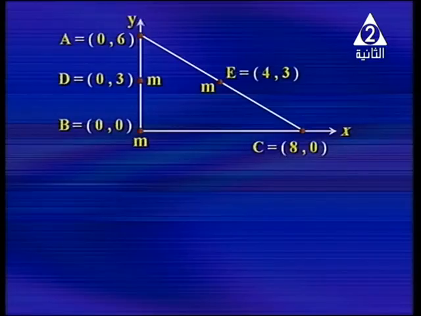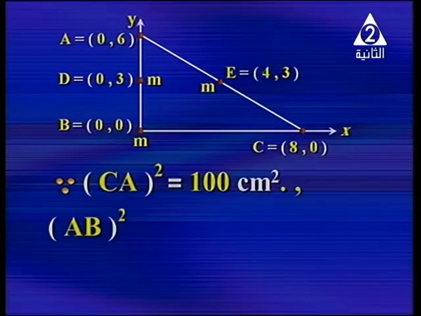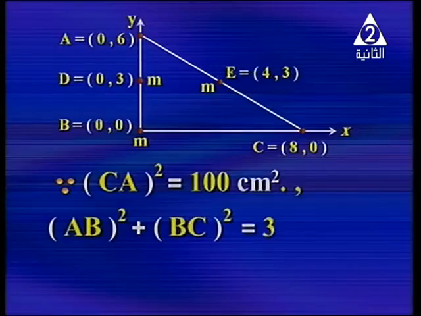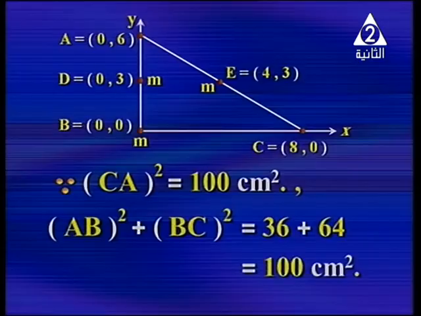This is point E. We have three equal masses, lying at D, B, and E. The coordinate of D is 0, 3. Coordinate of B is 0, 0, the origin point. Coordinate of E is 4, 3. CA squared is 100 centimeter squared by Pythagoras theorem. AB squared plus BC squared equals also 100.